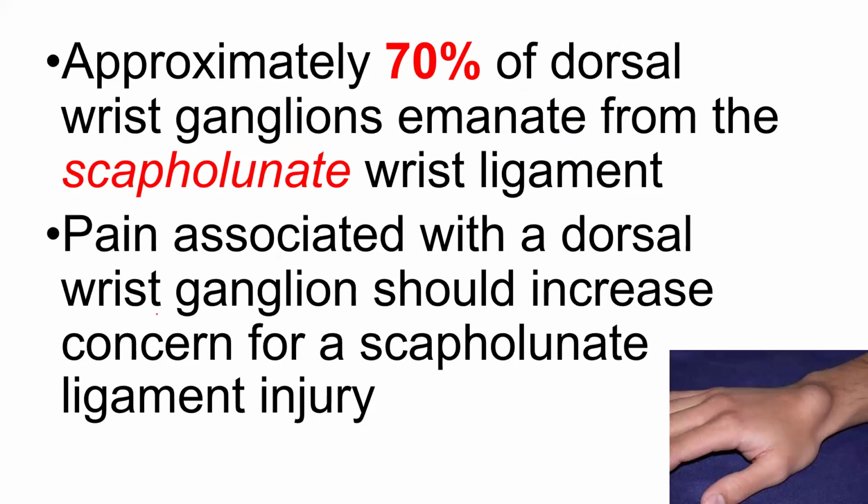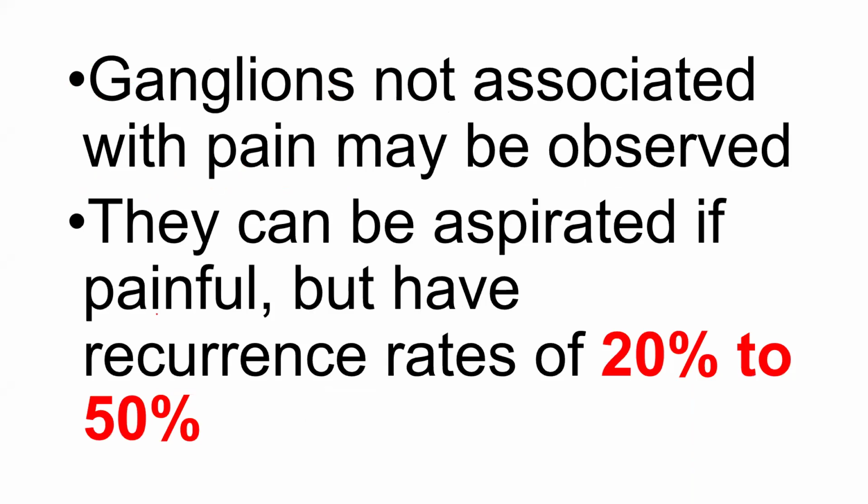Pain associated with a dorsal wrist ganglion should increase your concern for a scapholunate ligament injury. Ganglions not associated with pain may be observed. They can be aspirated if painful, but have recurrence rates of 20 to 50%.